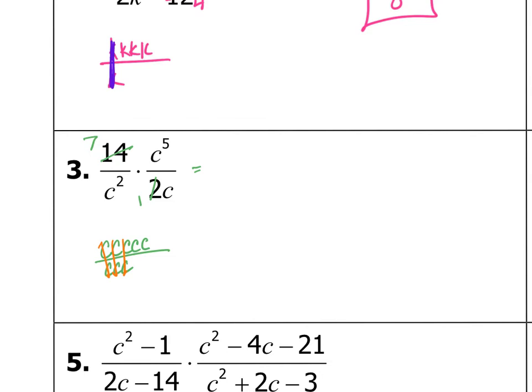So that gives me 2 C's left in the numerator. So I've got 7C squared over 1. So my answer should be 7C squared, because there's nothing left in the bottom. Well, there's 1 left down here, and 1 times 1 is 1. So I don't have to have anything in my denominator.